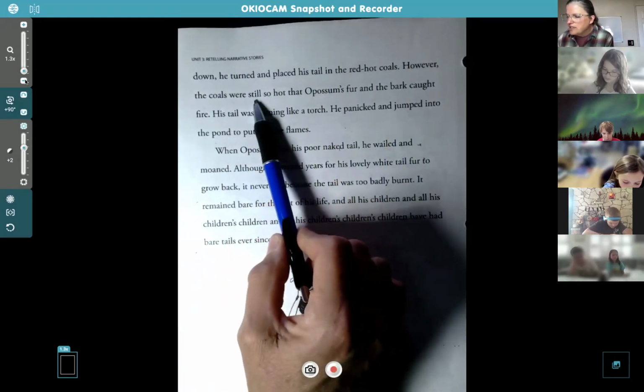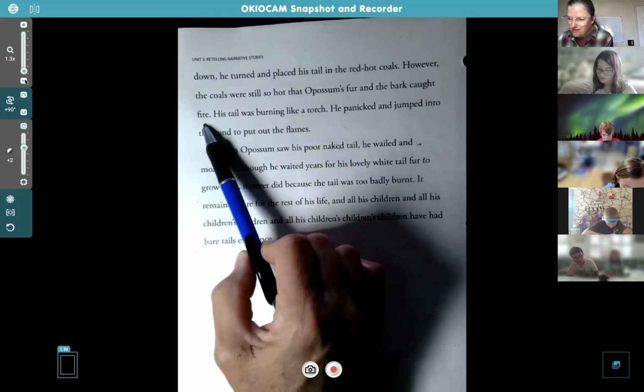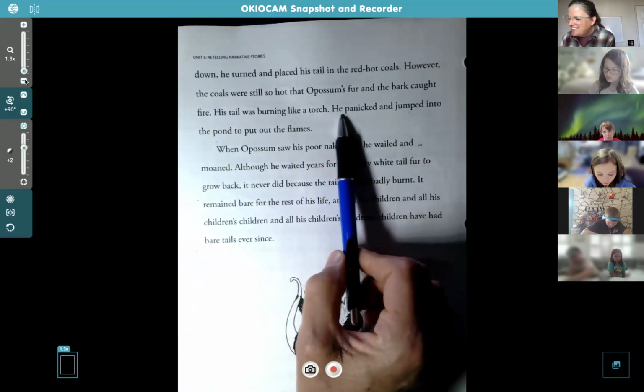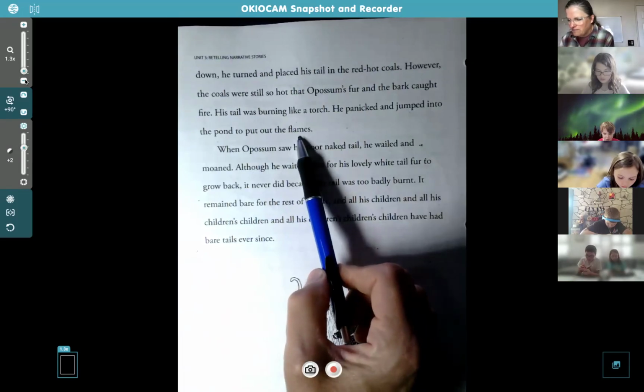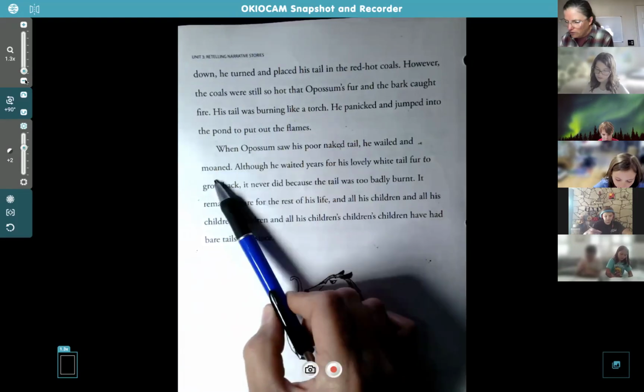However, the coals were still so hot that Opossum's fur and the bark caught fire. His tail was burning like a torch. He panicked and jumped into the pond to put out the flames. When Opossum saw his poor naked tail, he wailed and moaned.